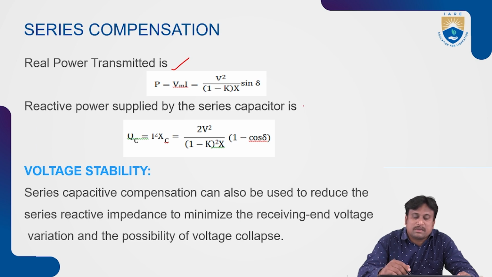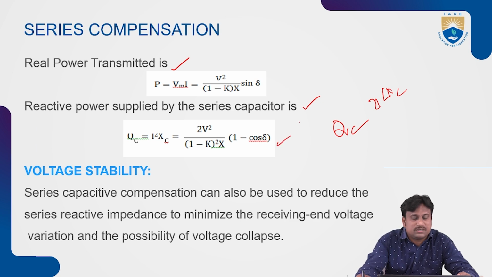The reactive power supplied by the series capacitors, with coefficient Qc, is 2V square by 1 minus k whole square into x, multiplied by the 1 minus cos delta coefficient.